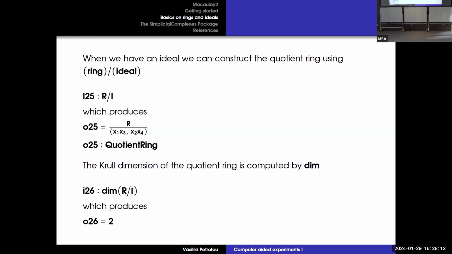Now, if we want to construct the quotient ring, we use this command, the name of the ring over the name of the ideal. It is important to distinguish it from the previous command, but we don't have the ^1 here. It's just the name of the ring modulo the ideal, which produces this quotient.